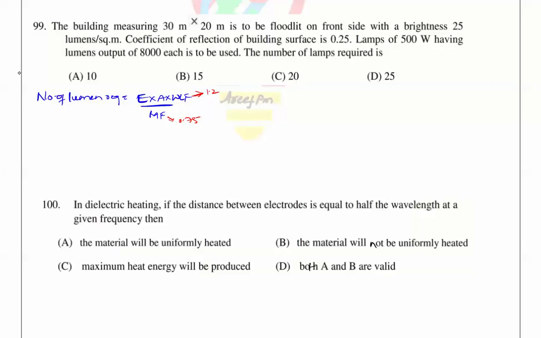And in this case, the illumination E is given as 25 lumens per square meter, and we convert it, so 25 divided by 0.25, this is because of the building surface coefficient, so it will give us 100 lumens per meter square.